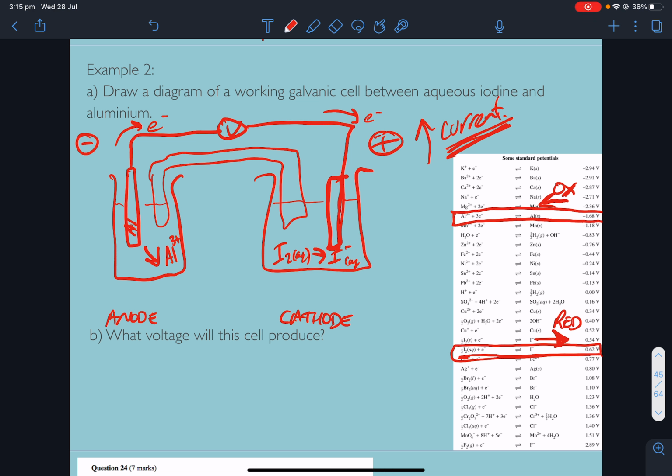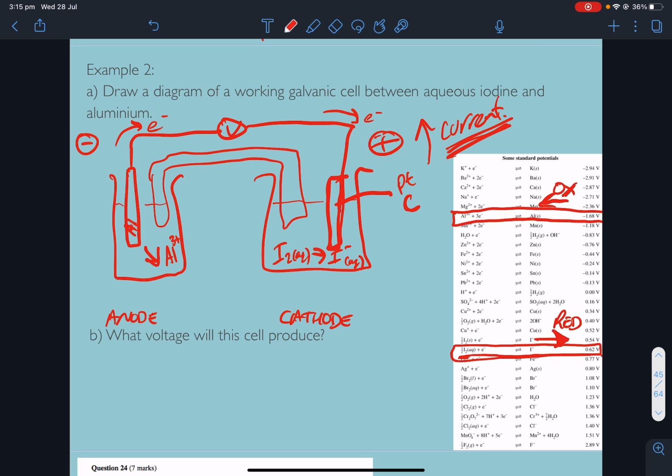So our whole reduction equation's happening in solution. So our electrode can't take place in the reaction. So platinum or carbon. Okay? And it's just transferring the electrons over to the iodines in solution and turning them into iodides in solution. Alright. Our salt bridge is there too.